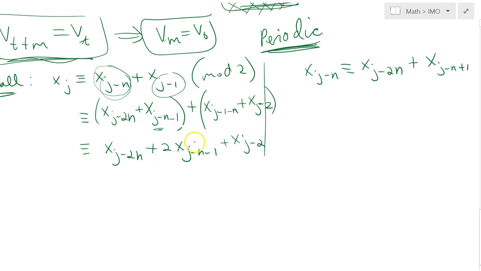And guess what? I can keep doing this. So far I don't see any particular thing going on here, but when I repeatedly apply it, you will keep seeing new patterns. So let me apply it one more time and the pattern will be obvious. How do I replace this?